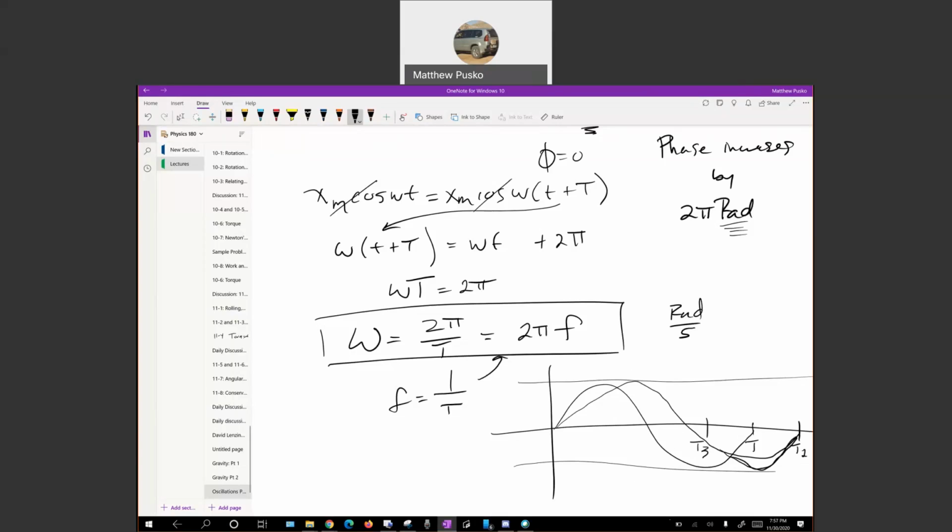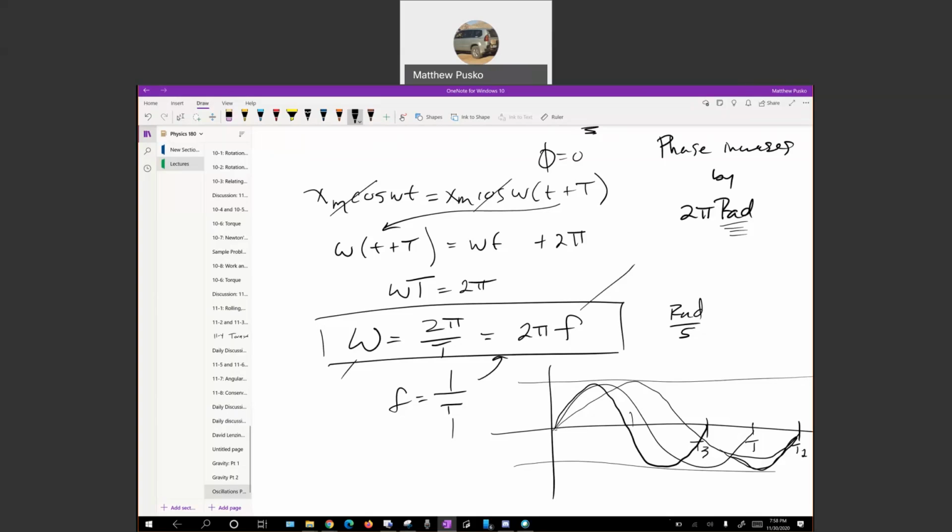It's going to have to fit one waveform in that same amount of space, or the smaller amount of space. All right, that relates omega, our angular frequency, our frequency, and our period.